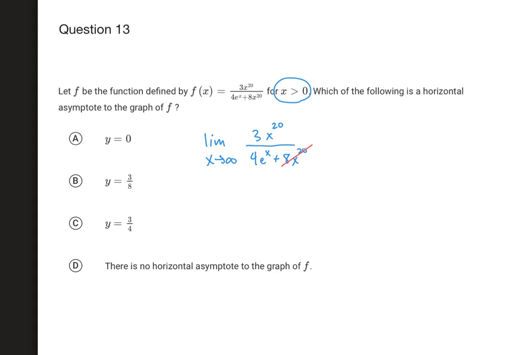So really this is bottom heavy, and that's why this limit will equal 0. And if the limit as x approaches infinity or negative infinity of a function equals 0, that means y equals 0 is a horizontal asymptote. That's the definition of a horizontal asymptote.